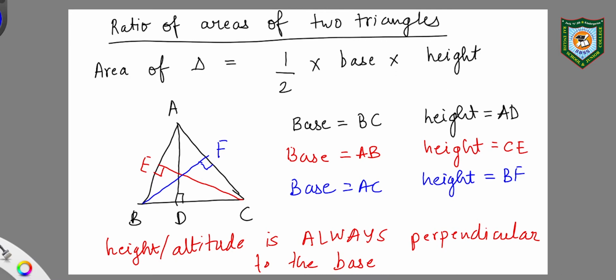Now, once we have cleared what is base and height, we have to move to the conditions which are necessary. So this is condition number 1, when we have two triangles with different sides.